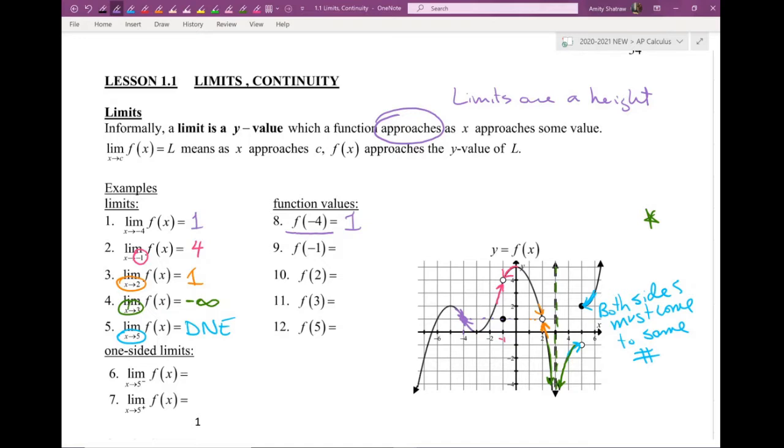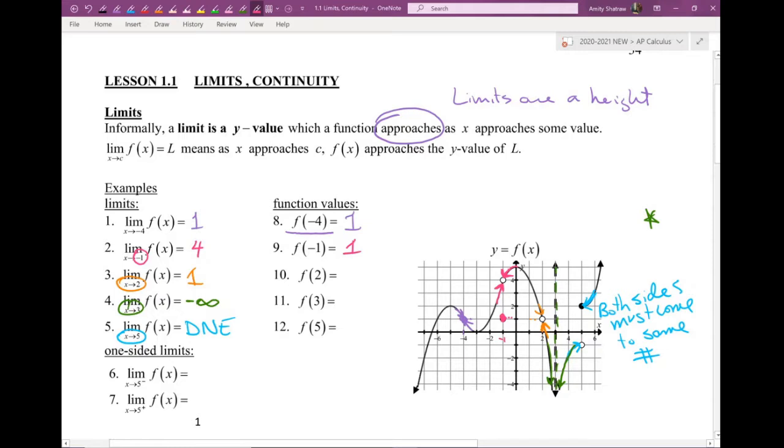But what's happening at -1? Well, when I look at -1, then what I see is just a little bit different, right? I have these two arrows and they are approaching a height of 4. But when I actually am at -1, boom, I am also just at a height of 1.